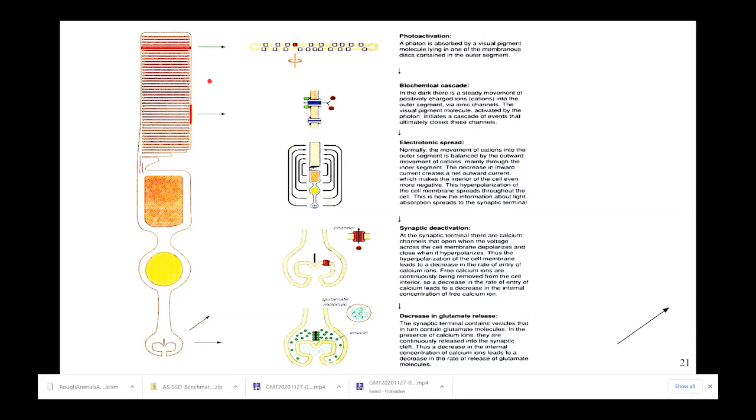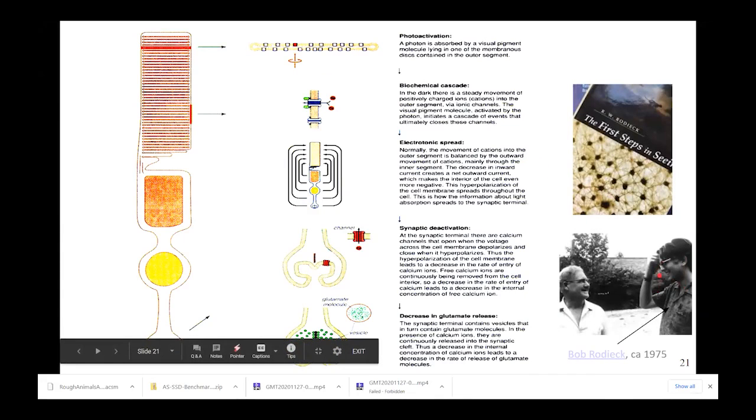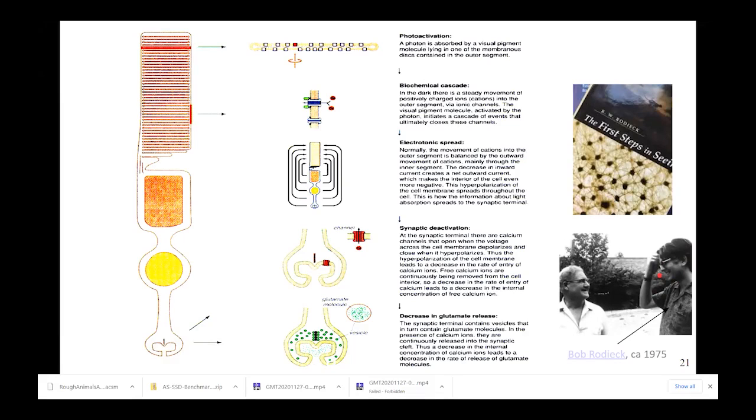I highly recommend, if you're interested in this kind of stuff, a beautiful book by a guy named Bob Roddick. Bob Roddick's a very famous retinal physiologist who I got to meet at a retina course at Friday Harbor in Seattle, one of these islands out in the bay, at a summer course. He was just a really cool guy.